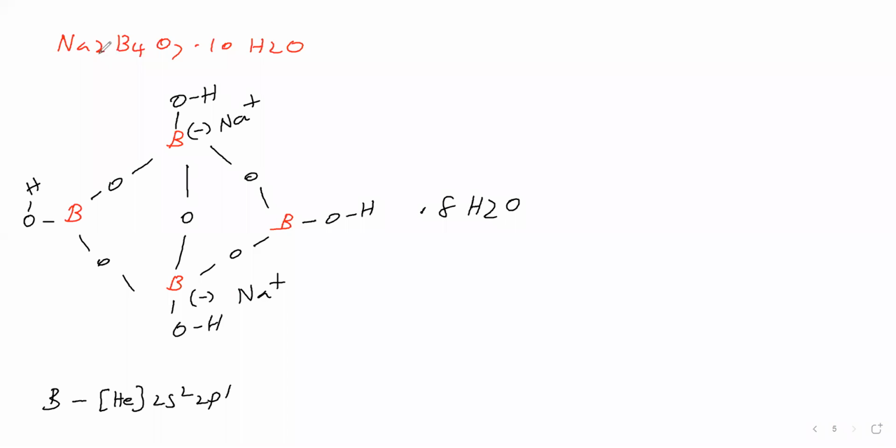Therefore, how to write this borax: 2 Na plus ions, so Na2. How many boron atoms? 4 boron atoms.